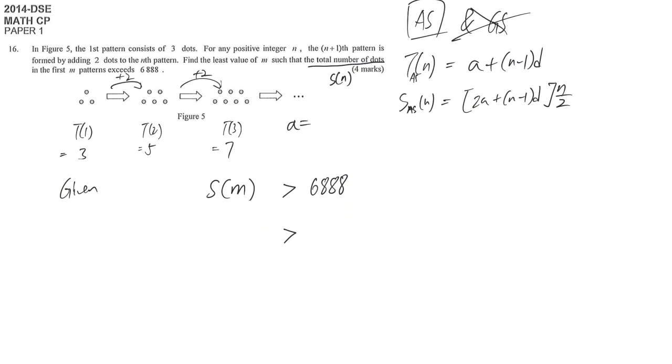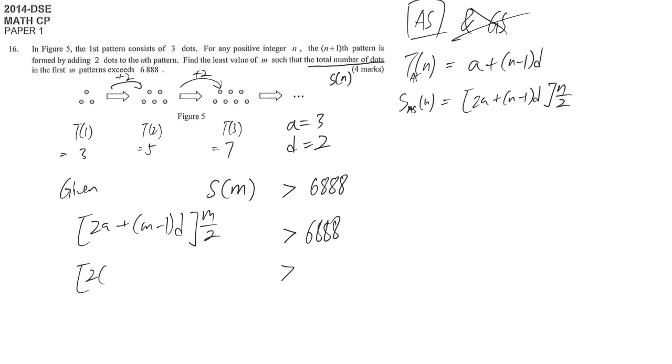We already know that a, the first term, is 3, while the difference is 2. You may just substitute one by one based on our formula. So we substitute the values, now not n but m. I just feel more comfortable to substitute step by step. So a here is 3, while d here is 2. It forms an inequality with m as the only variable, and also it is a quadratic because we find m times m here.